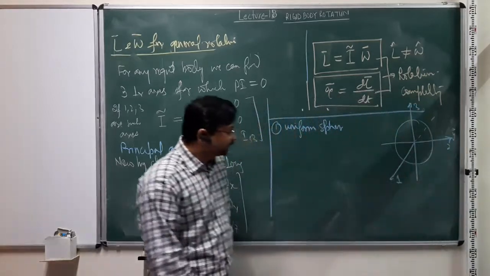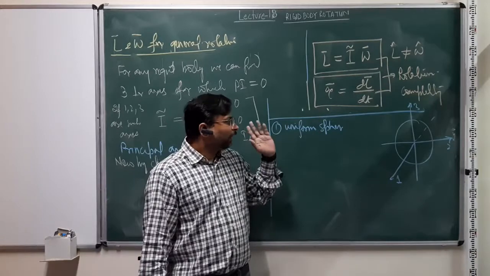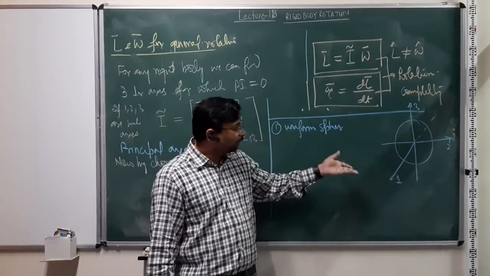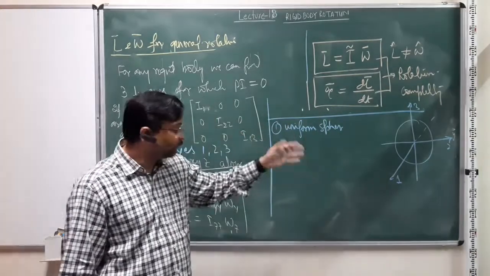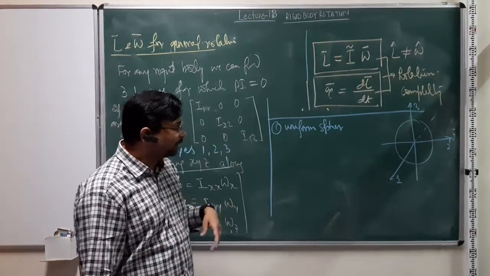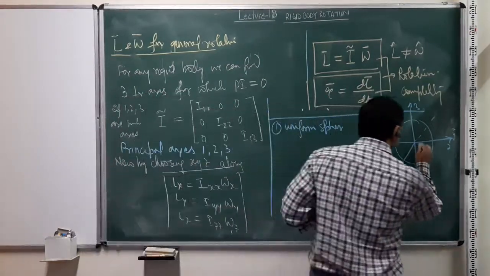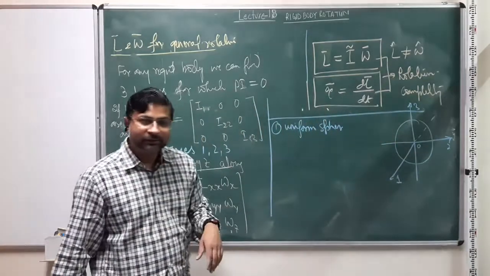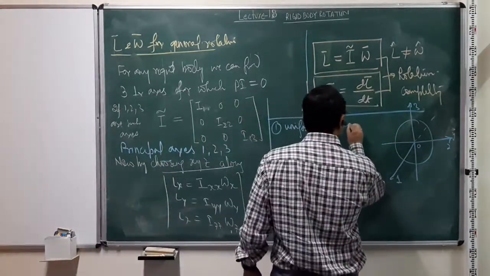any set of 3 axes which are along its diameters. You can always define 3 diameters for a sphere, and passing through its center of mass they will work as principal axes.